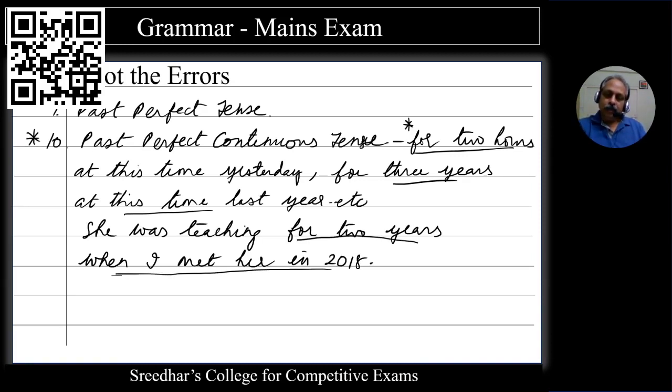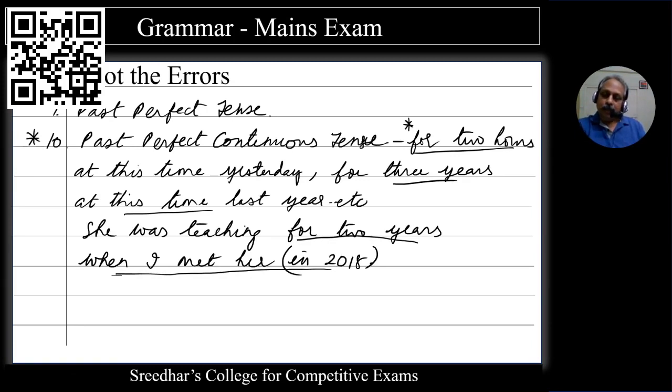When I met her in 2018, that is the time given in the past. It is like at this time last year. Or simply when I met her, that goes into the past, at a given time in the past.